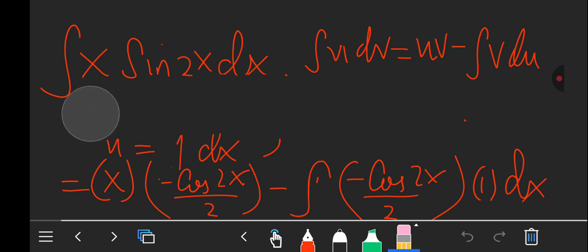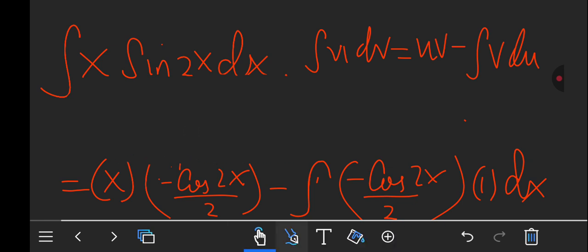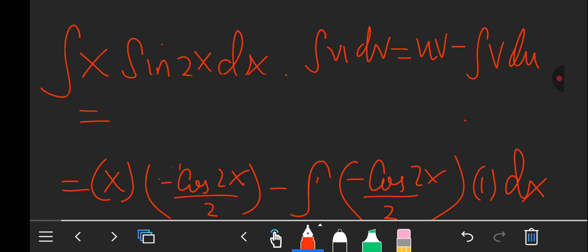I can now simplify here. This will be equal to negative x cos 2x over 2, minus, and this negative multiplied by negative will give us positive.